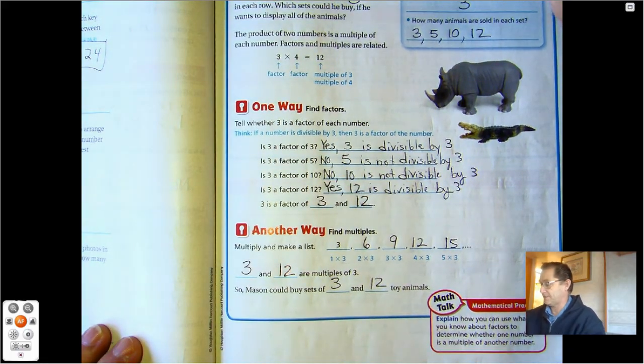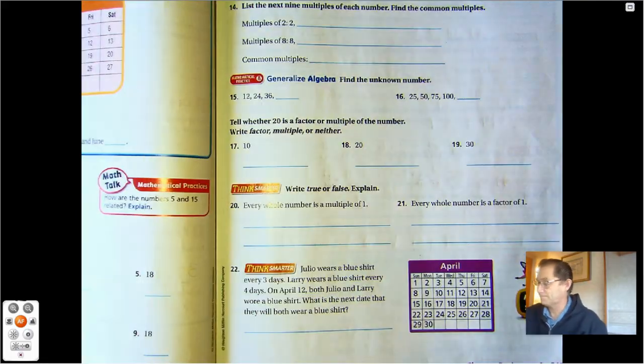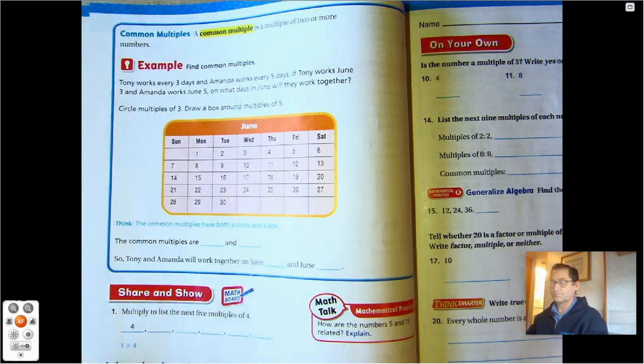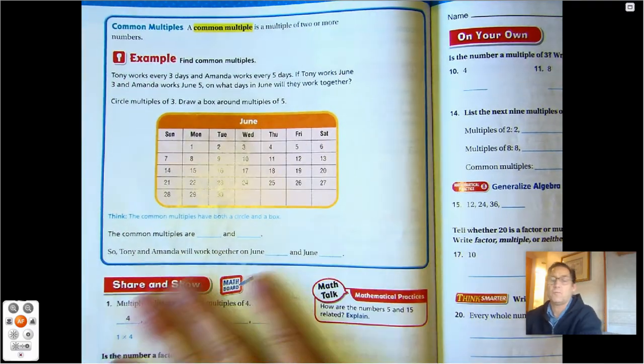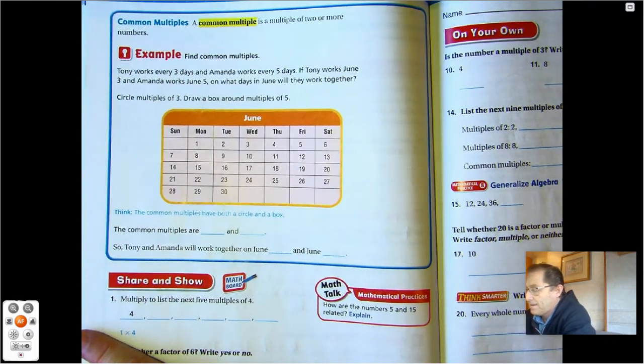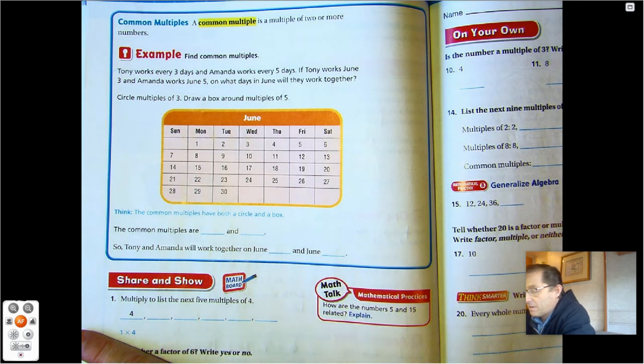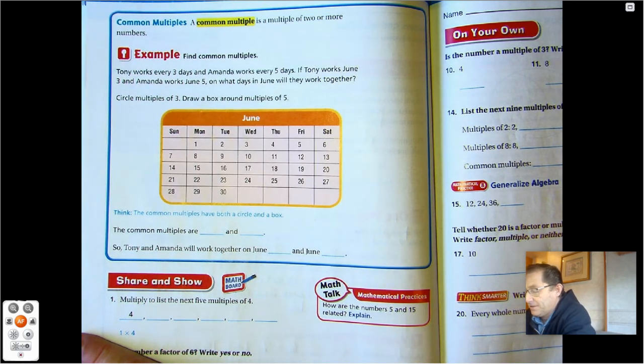All right, let's go to page 216. A common multiple is a multiple of 2 or more numbers. So let's find a common multiple in this calendar.